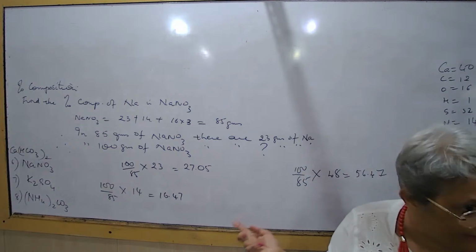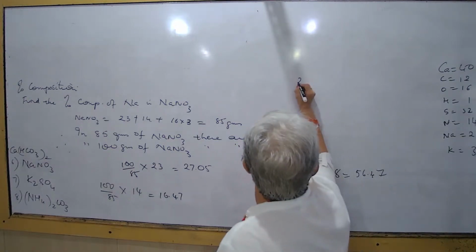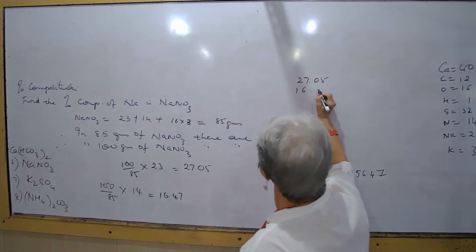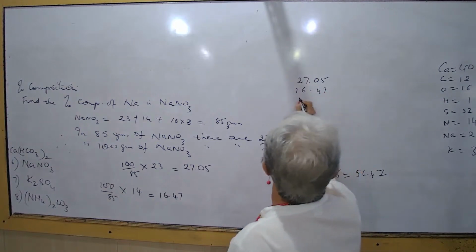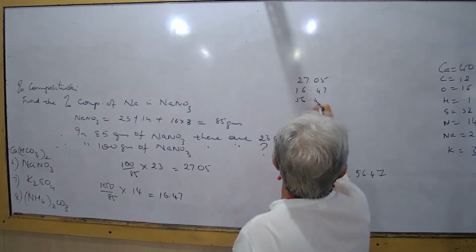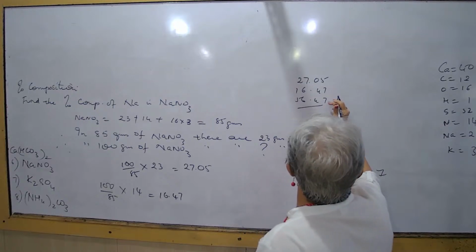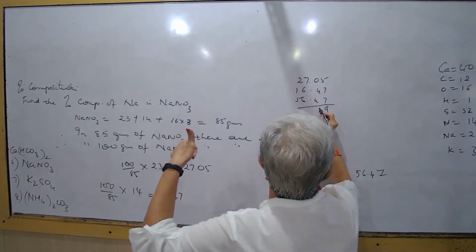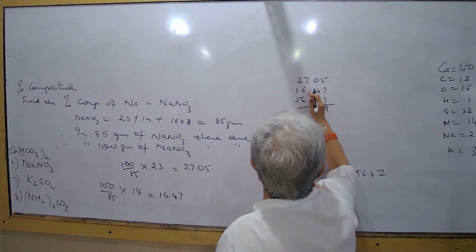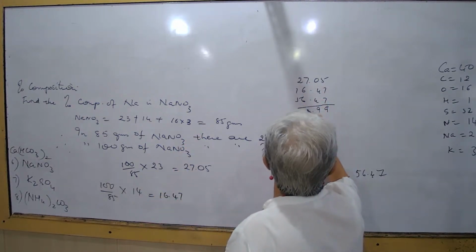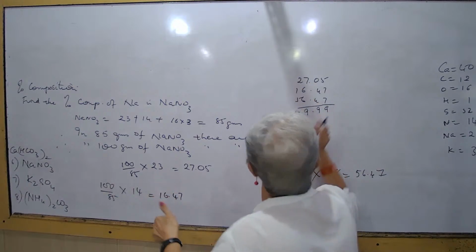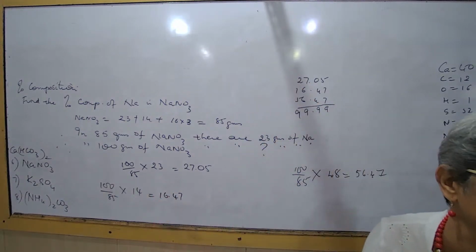Now, if you want to check whether your answers are right, this plus this should give you 100. Shall we check? 27.05, then 16.47 and 56.47. Correct? 7 and 7, 14. 14 plus 5 is 19. Carry over 4 and 4, 8 and 1, 9. Then 6 and 6, 12 and 7 is 19. Carry 1. 5 and 1, 6, 7, 8 and 1, 9. 99.99 is perfect.